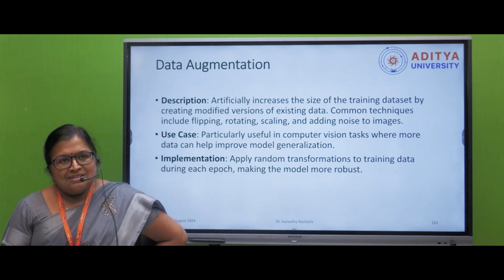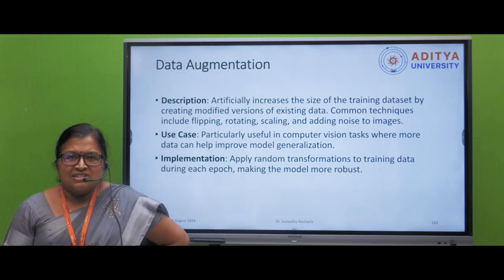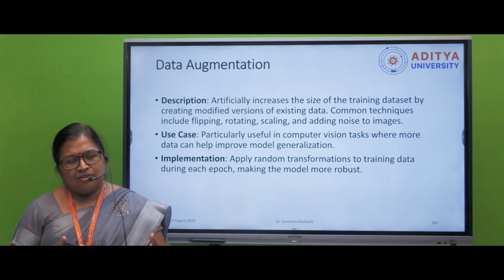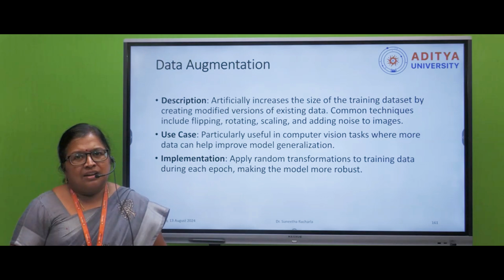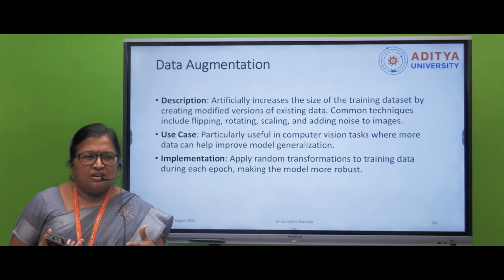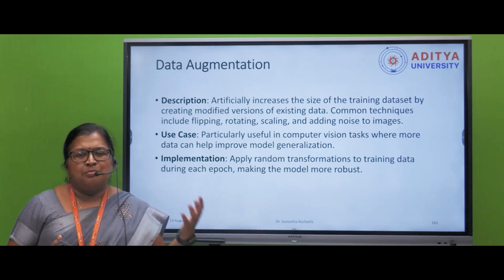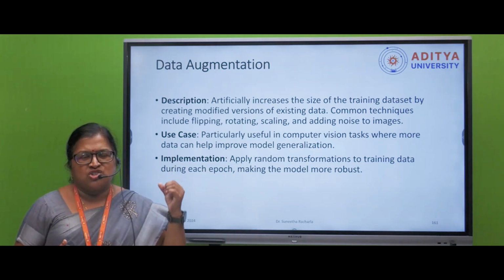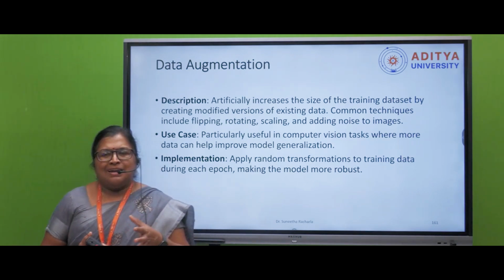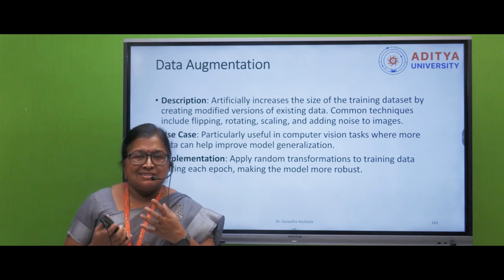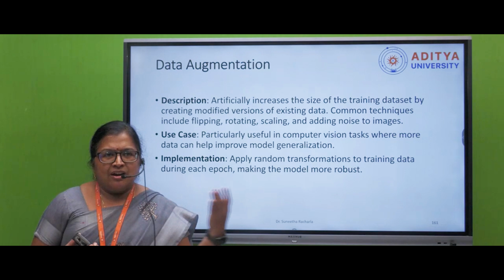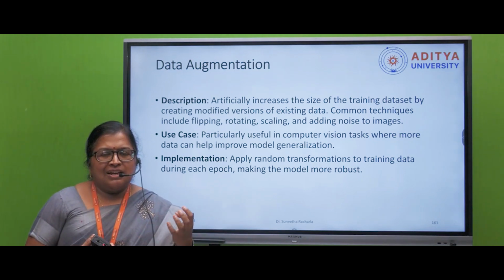When the player is playing seriously, you intentionally give some noise from an external source, like playing loud music, or asking the sub coach to shout very loudly, just to check whether the player is deviating from his work or is able to concentrate and focus more on his game. That is data augmentation. So in data augmentation, we will create some noise.